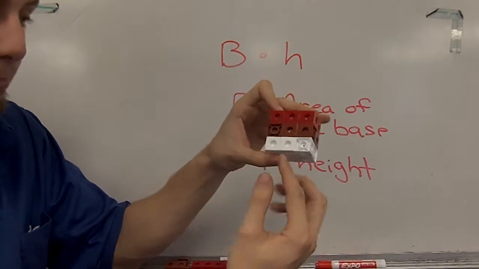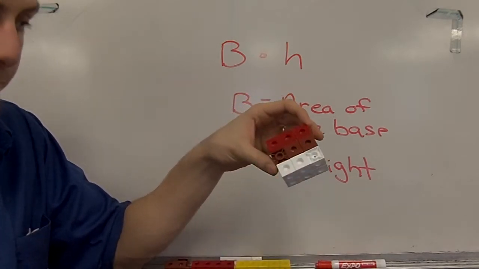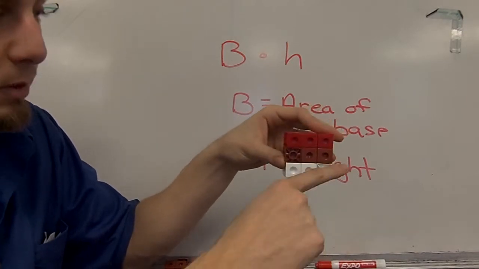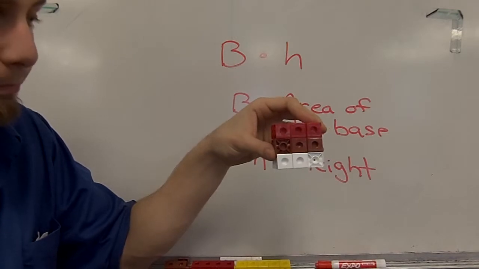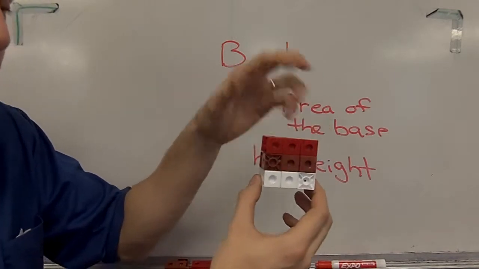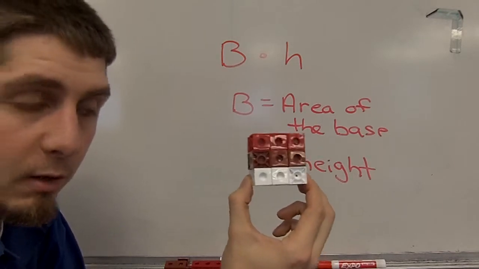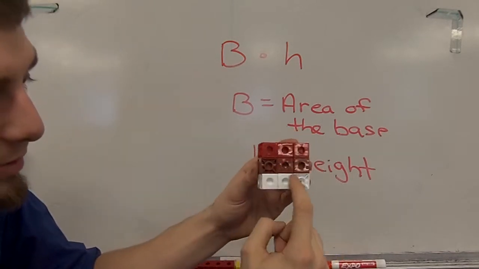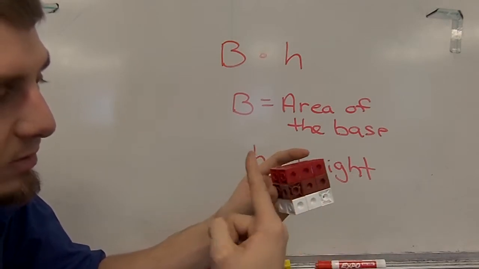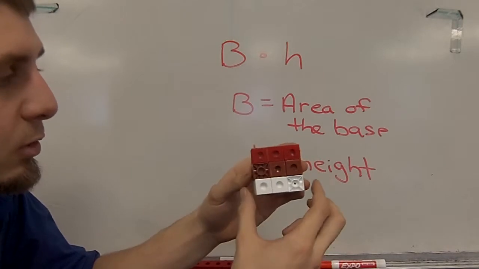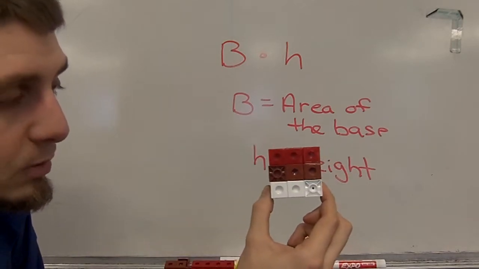So if I take the area of the base, which is 6, or in other words, the number of cubes in the bottom layer, and I multiply that by 3, which is how many layers I have in my figure, then I'm going to get the total number of cubes that make up the volume of my figure. I've got 6 cubes in the first layer, 6 cubes in the second layer, and 6 cubes in the top layer. So total, I have 18 cubes inside this rectangular prism.